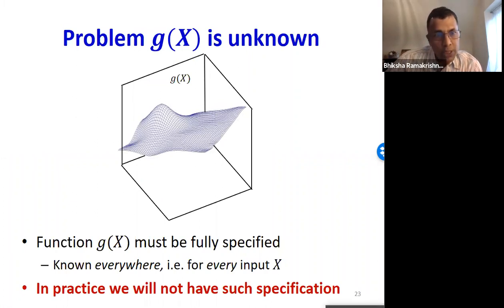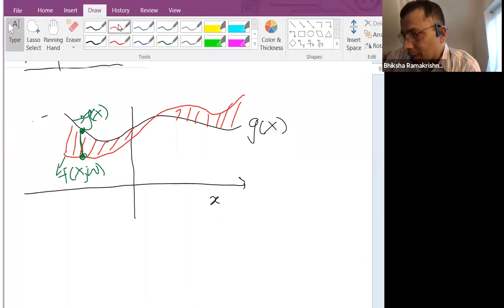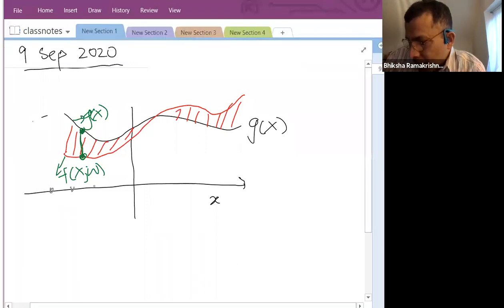So here is what we will do instead. I'm going to pick some arbitrary points X on my x-axis. At each of these locations, I'm going to record what the actual value of the function I want to compute is.